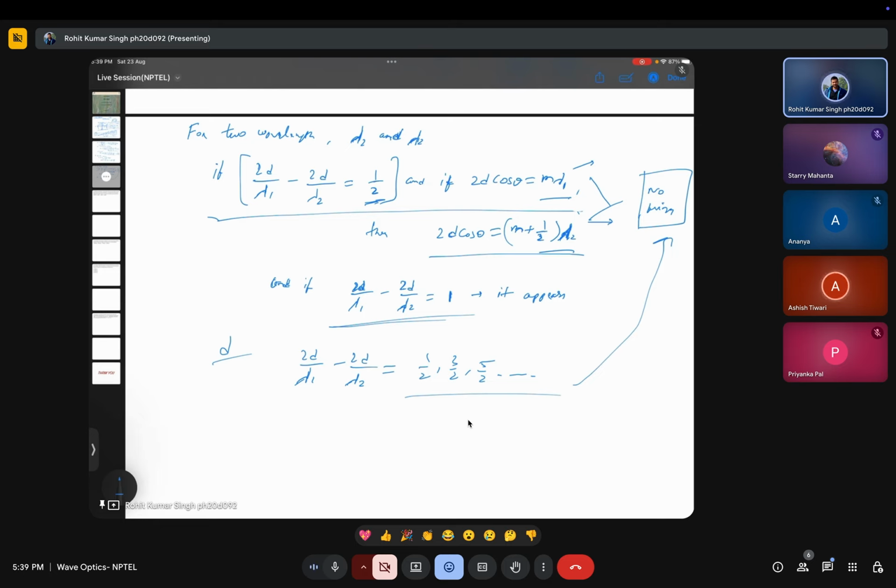Only the distance changes. The problem we will see, okay. But this condition has to be satisfied, and then for lambda 1, if you have the minima case, automatically for lambda 2 you will have the maxima case, and then the fringes will disappear.